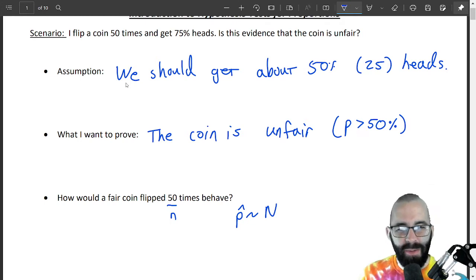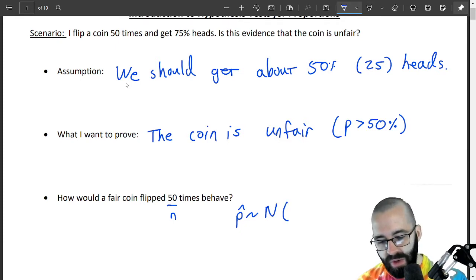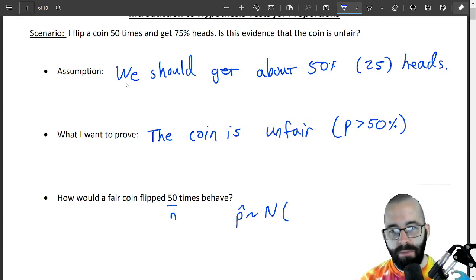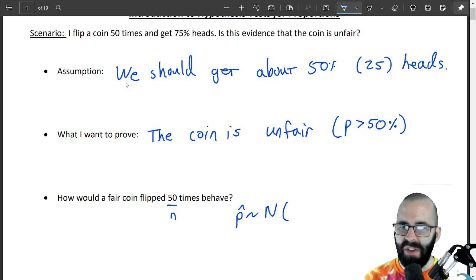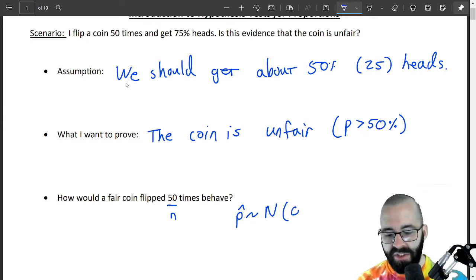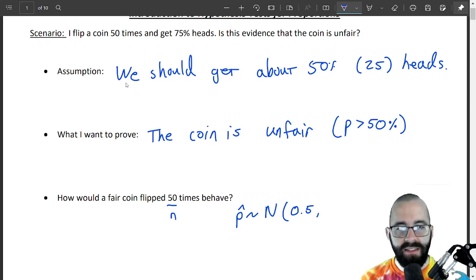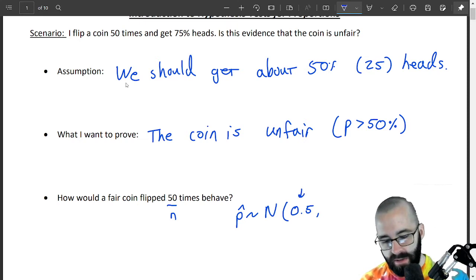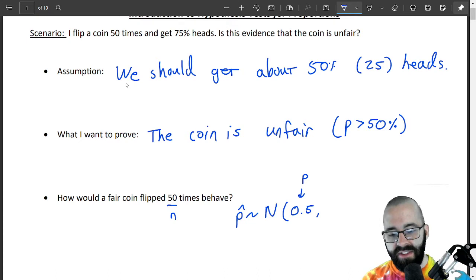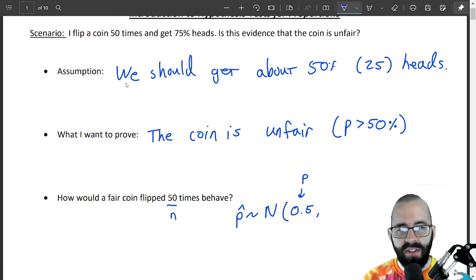How do we set up a sampling distribution for a proportion? It's normally distributed with mean p. We don't know p, but we're assuming that the true population proportion of heads is 0.5. And then the standard error, what's the standard deviation of a sampling distribution for proportions?